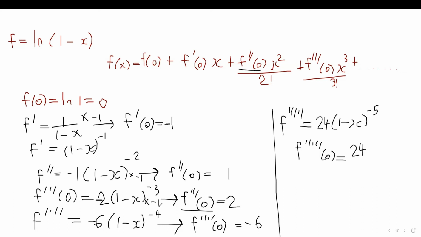Minus 2 times minus 1 would have been positive 2, that doesn't look right. Let's check it again. Just want to make sure I don't make any mistake. Carried on the power minus 1 times a minus 1. That's fine. Carried on the minus 2, then minus 3 times it by minus 1 would have been positive 2.